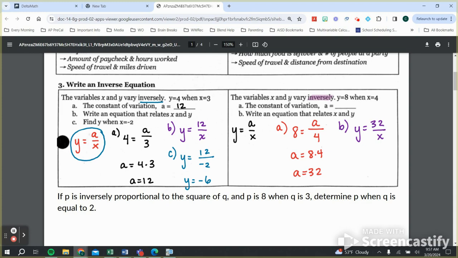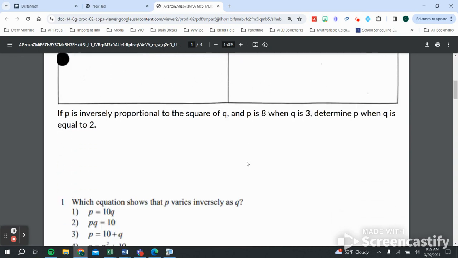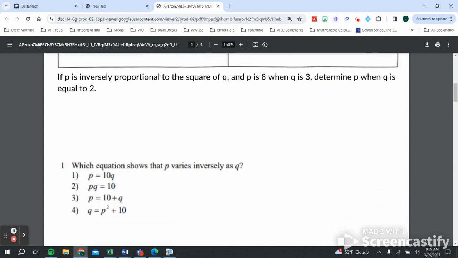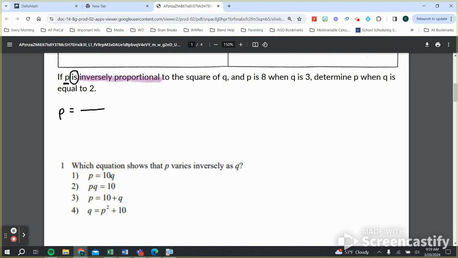Now, what happens when we look at something like this type of question? It says if P is inversely proportional to the square of Q. So we have to write our equation, okay? We have P is inversely proportional to the square of Q. So P is inversely proportional, which we don't know what the a is.